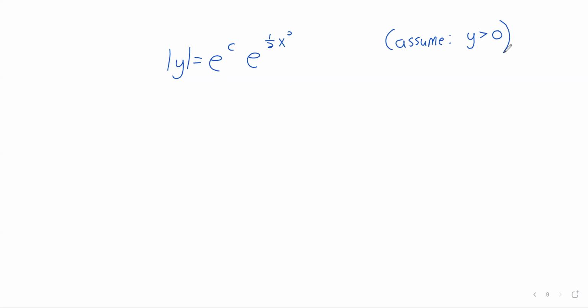Y is population. Y is dollars spent. Y is troop size. Y is the number of sick people. So if we just assume that y is positive, we can also, sort of similar to that constant of integration minus a constant of integration, say e to a constant is a constant.